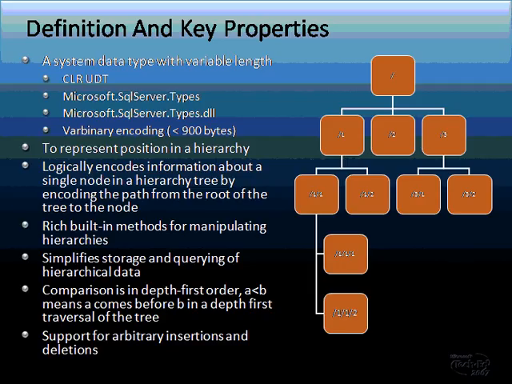You can consider each node in the hierarchical tree as a row in the relational database table. Each value of the HierarchyID data type stores the path information of each node in the tree.